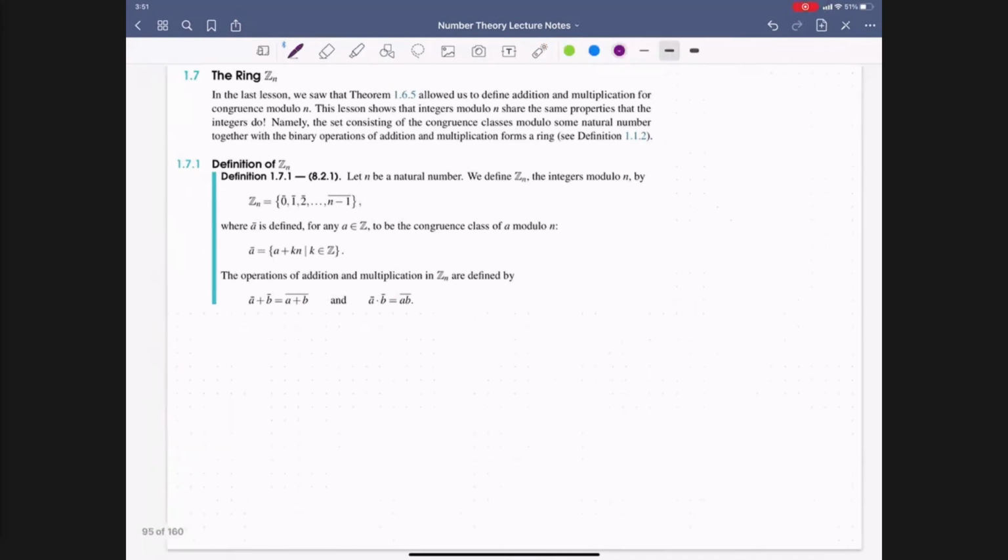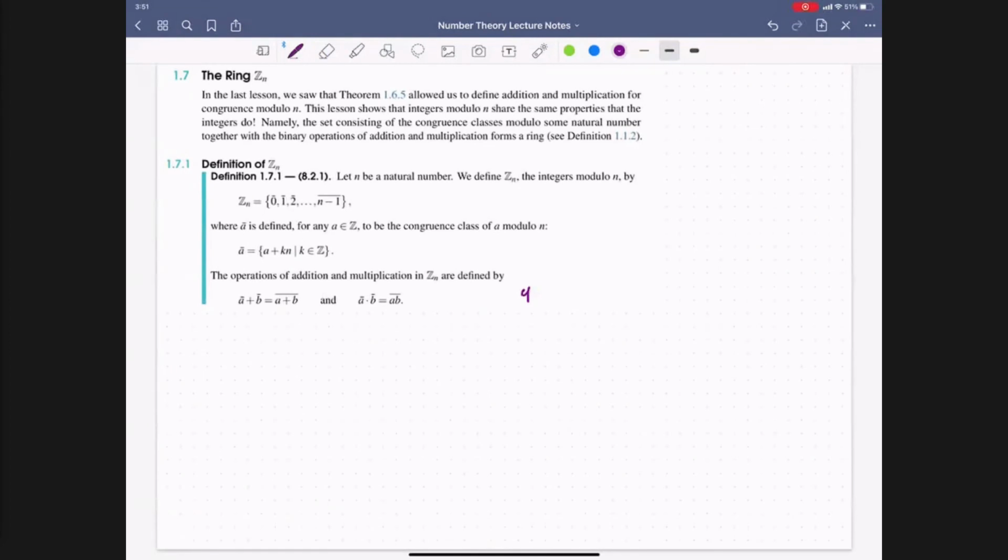As a concrete example, let's look at 5. We know that 5 is congruent to 2 mod 3. And so we have that 5 bar is equal to 2 bar in the integers modulo 3. If we add 2 plus 5, we get 7.